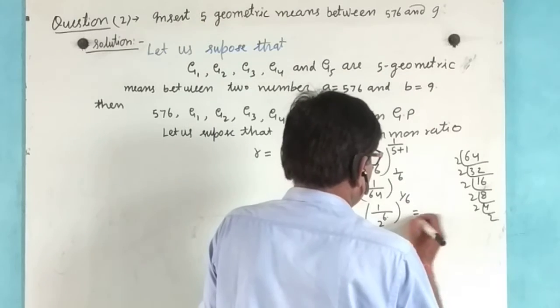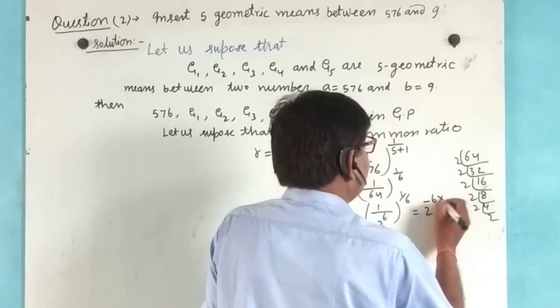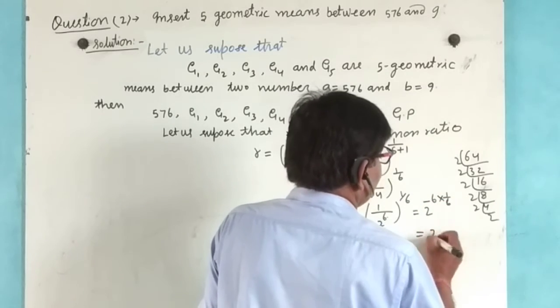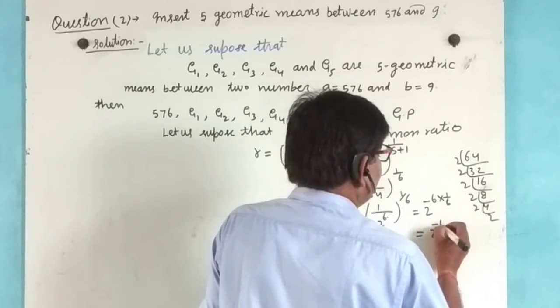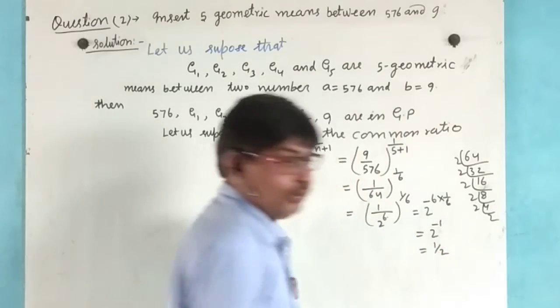Here this comes 2 to the power minus 6 into 1 by 6. It means 2 to the power minus 1, that is equal to half.